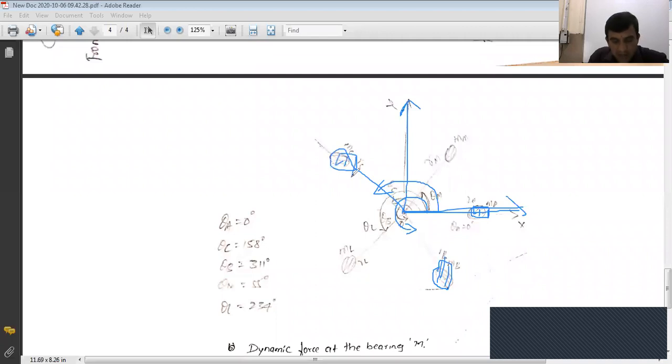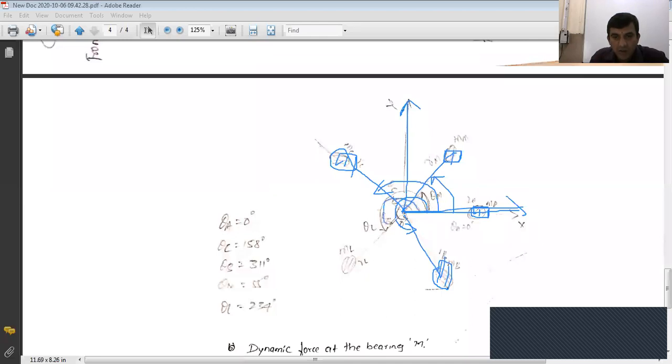Yes, sir. So A, B, C over, M A, M B, M C over, right? After this, M M and R M. M M theta M is how much? With respect to the horizontal line, this is 55 degree. Now, theta L, how much you got? 234 degree.